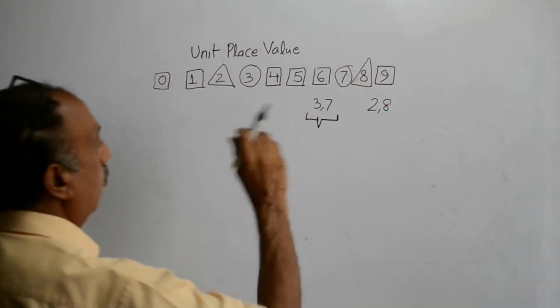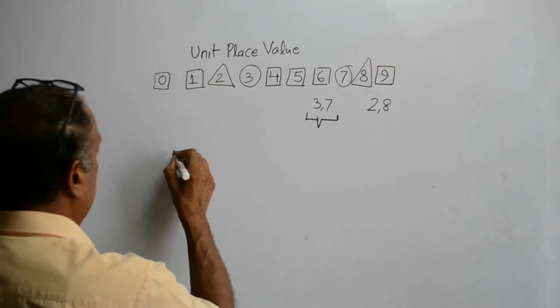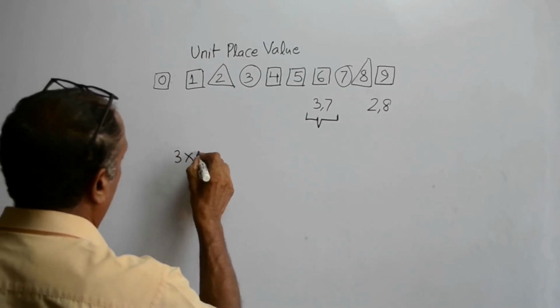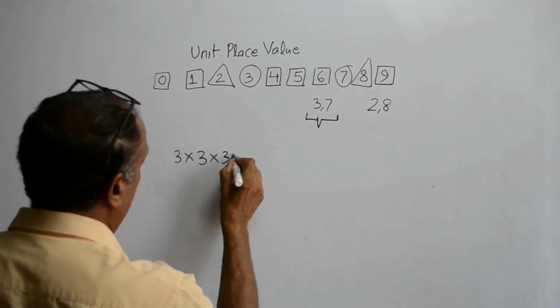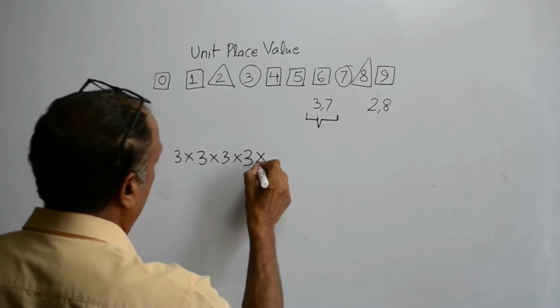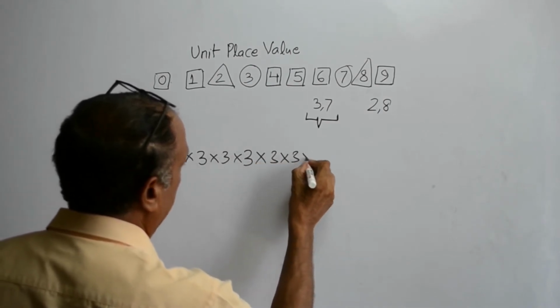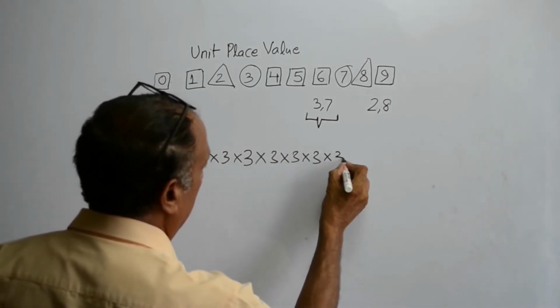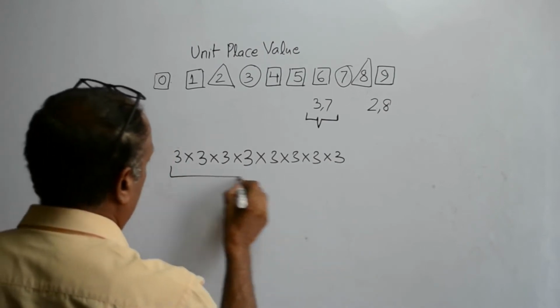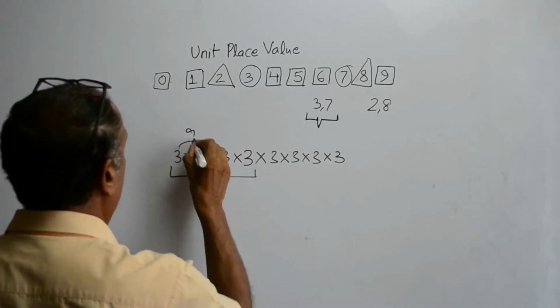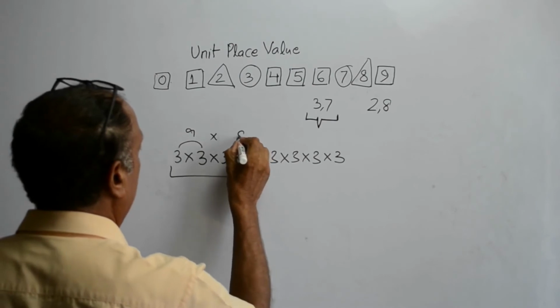Now let us try to understand the behavior of 3 when 3 is repeatedly multiplied by itself. Nine multiplied by 9.